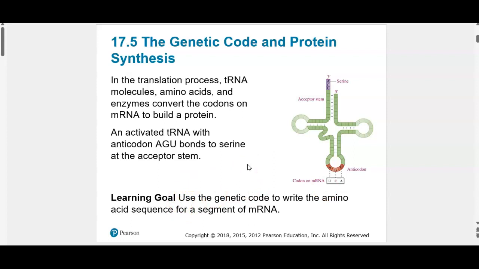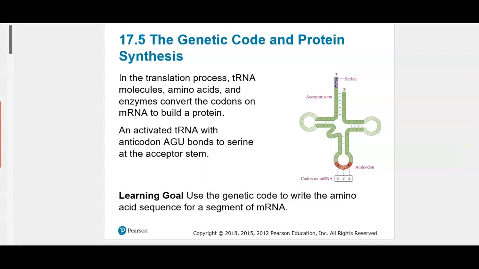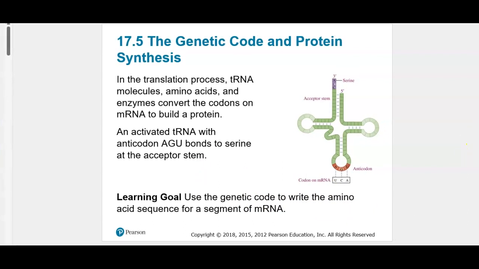The anticodon has the sequence AGU, and UCA, of course, is the sequence on the messenger RNA codon. And that's part of the process of synthesizing the growing protein chain.